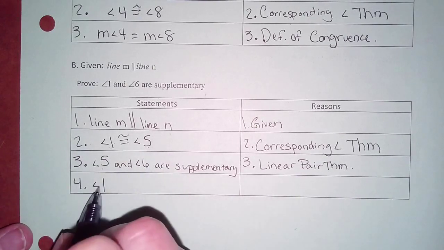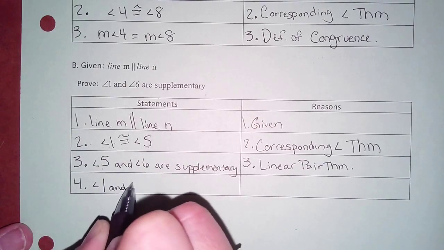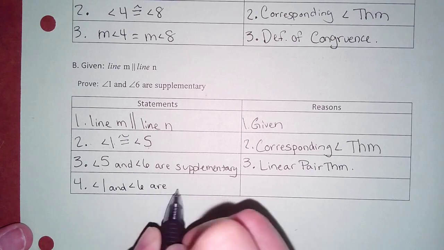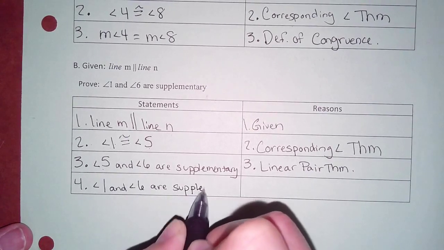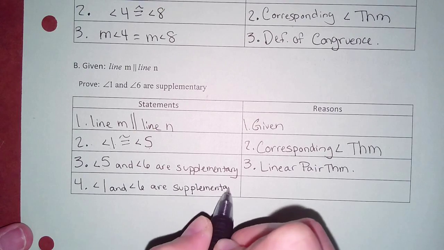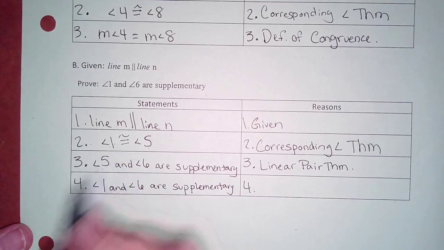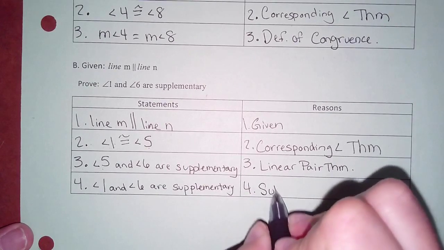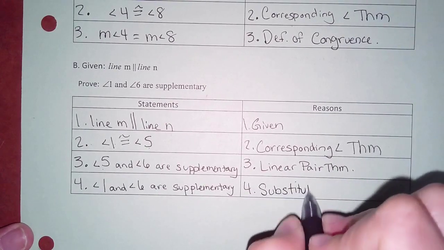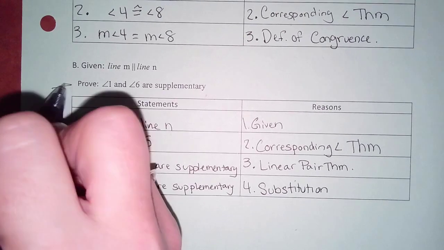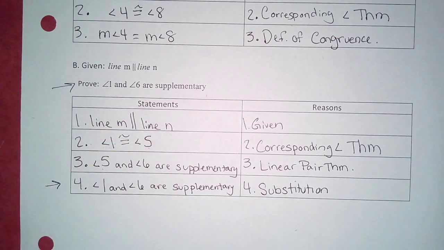So I could say angle 1 and angle 6 are supplementary. Why? Well, I just substituted it in its place. Substitution. Now my proof step matches my last step that I have here. So I am done.